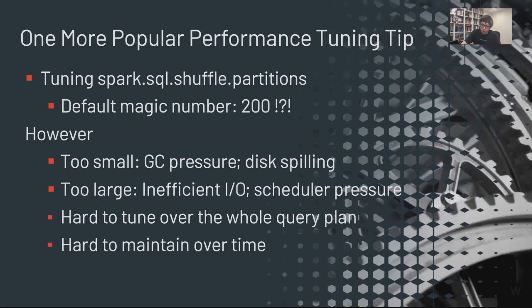If the configuration value is too big, the partitions will be very small, but the number of partitions is big. It will cause inefficient I/O, and the performance bottleneck could be the task scheduler. Then it will slow down everybody. Also, it is very hard to maintain over time.